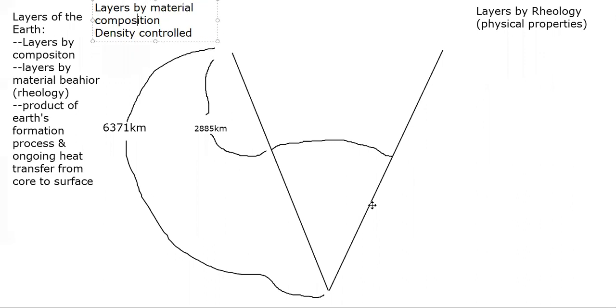Layers by material composition are going to be density controlled. And so what we find in Earth's center is the core, made of iron and nickel.